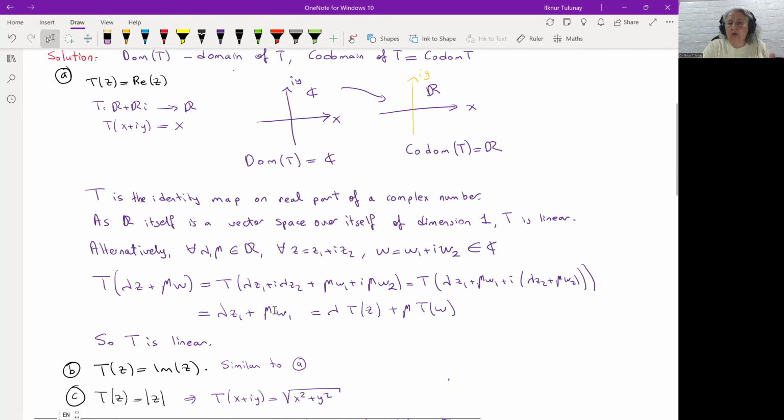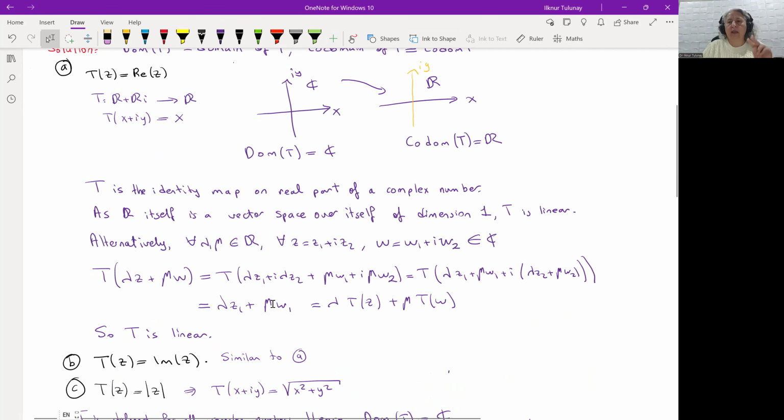What was the linearity condition? You can separate it into two axioms rather than one axiom. I'm doing only one axiom type here.